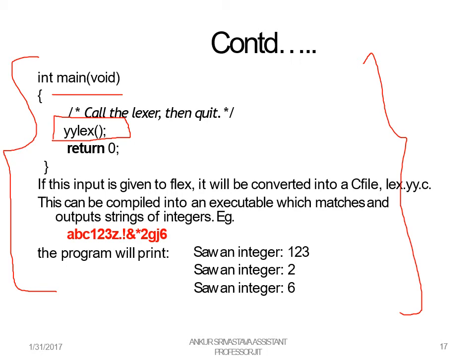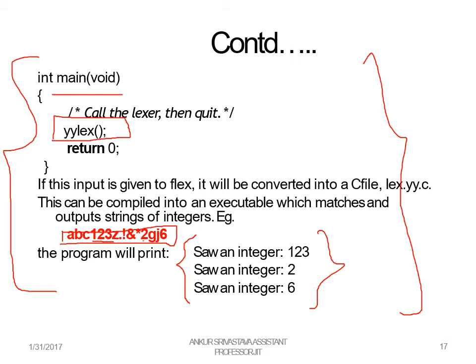Now, suppose I give an input to this program, then every time it will recognize an integer. What integers have you seen over here? 1, 2, 3, and 2 and 6. This is just giving you information about an integer value, because in the rule section you have defined only the integer value.